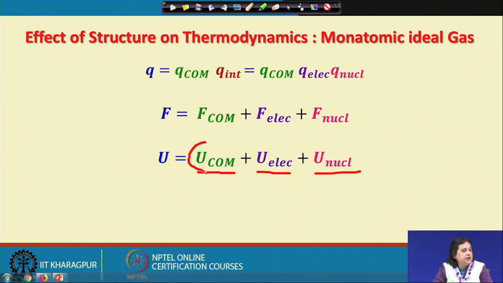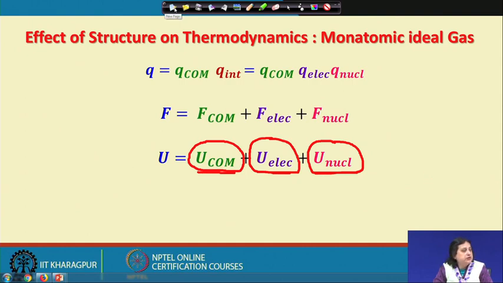The first one is the internal energy corresponding to the translational motion of each atom in the system, multiplied by capital N, the number of atoms. This is the total electronic energy of the N atoms present in the system, and this corresponds to the contribution coming from the nuclear energy states.